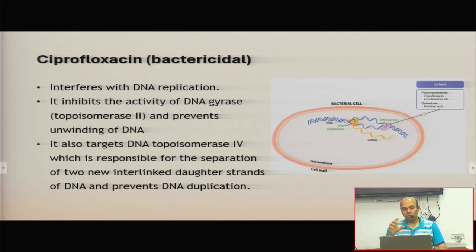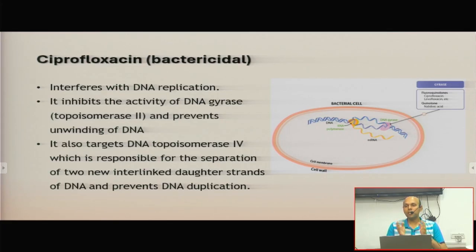The DNA is going to open itself, and then Okazaki fragments, I'm sure you know a little bit, are synthesized. So DNA gyrase is the enzyme, or topoisomerase 2, that helps in opening that DNA.